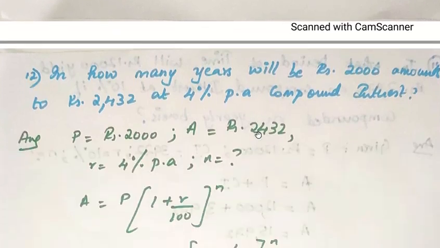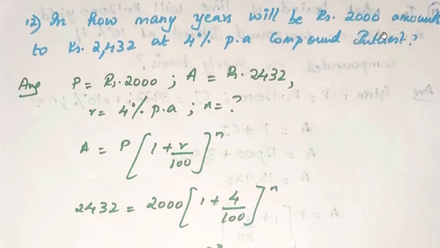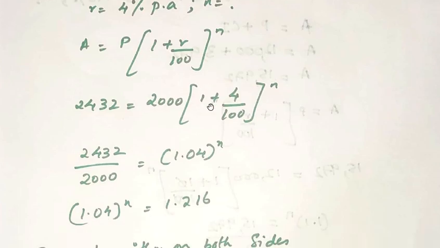So our next question: in how many years will rupees 2,000 amount to rupees 2,432 at 4% per annum compound interest? So what have they given? Principal they have given, amount they have given, rate of interest they have given. You're supposed to find out the number of years, the same way we did the previous problem.